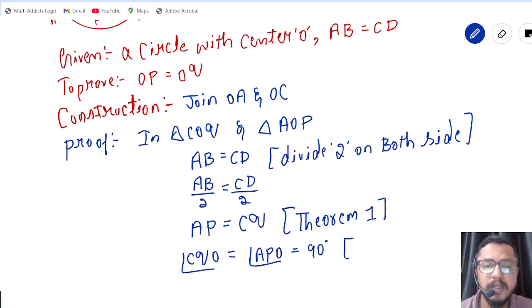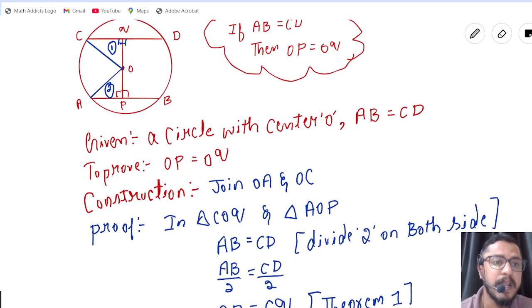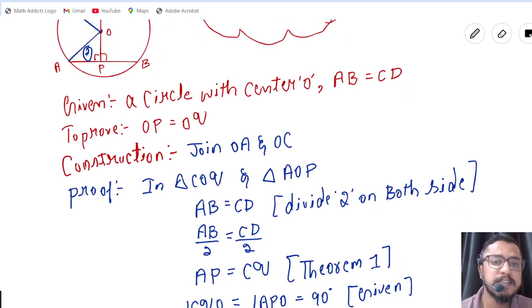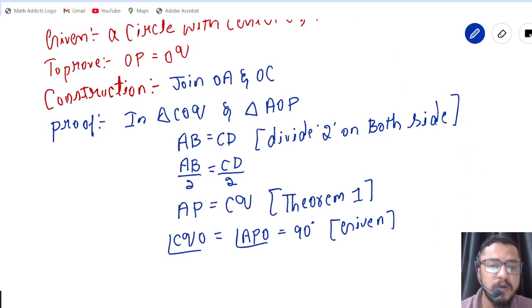Understood? Which is given because the distance from the center to the chord will always be a perpendicular distance. Can I get one more side? Yes. OC is equal to OA. Reason? Radius of the same circle.